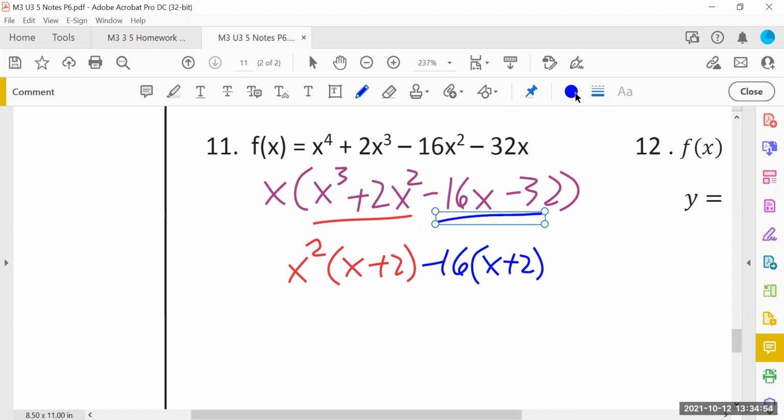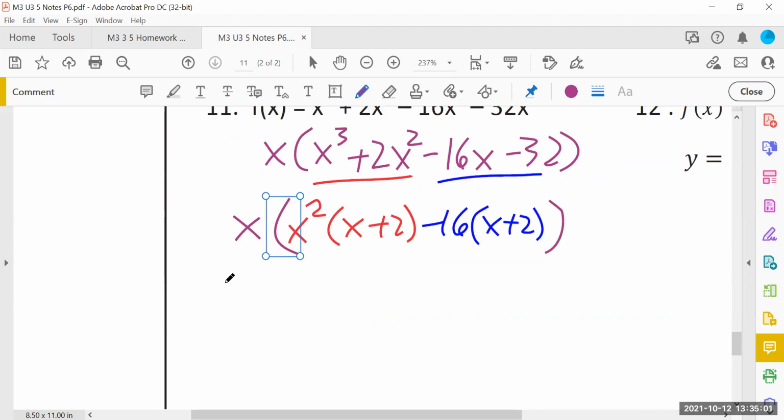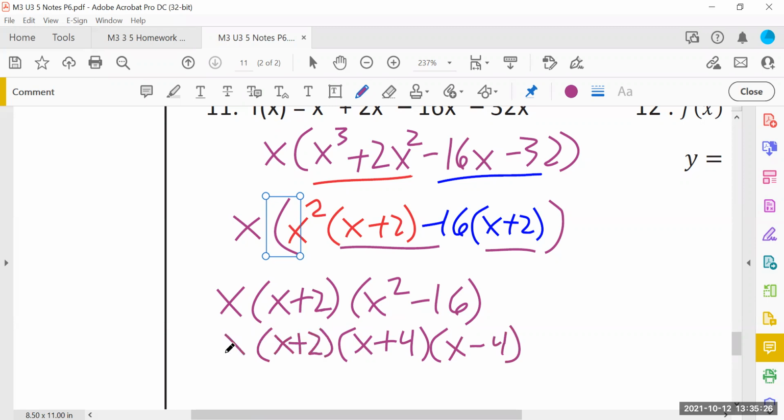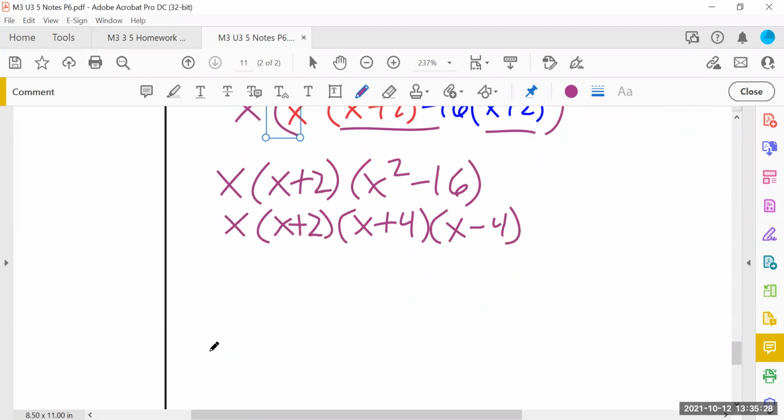And then I still have that x hanging out on the outside. X plus 2's factor out, x plus 2, x plus 2. I'd have the x squared minus 16 in there still, which is once again a difference of squares: x plus 4, x minus 4, x plus 2, and x. That's factored all the way out.